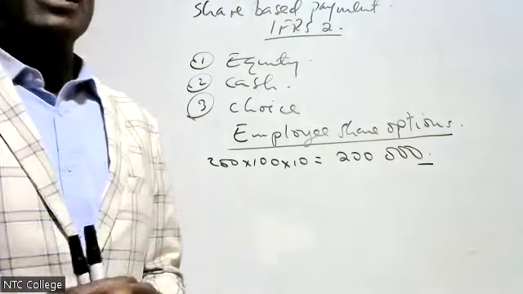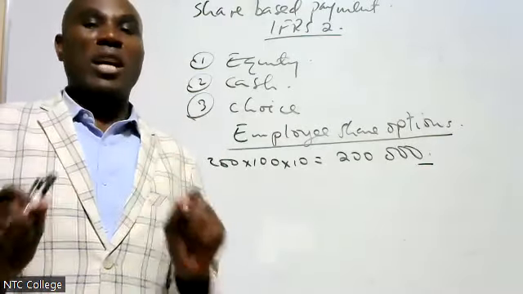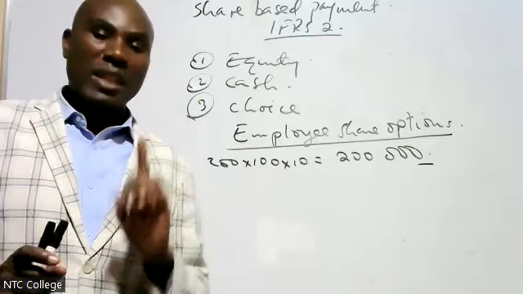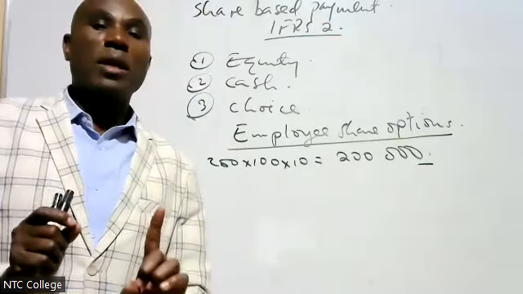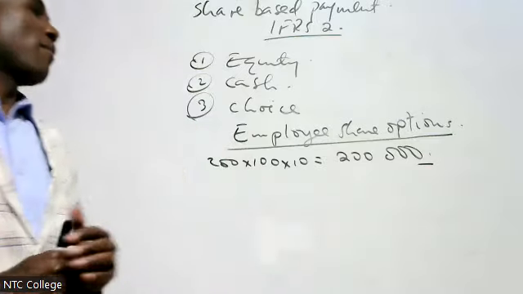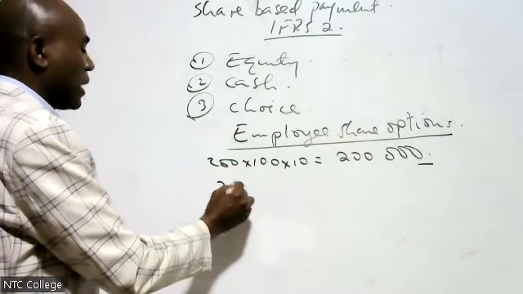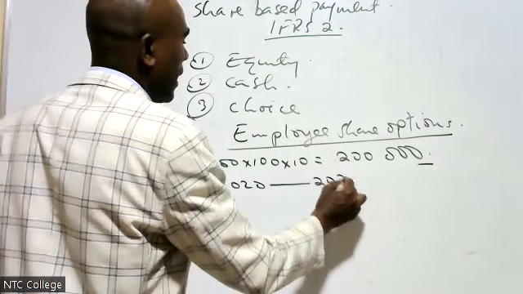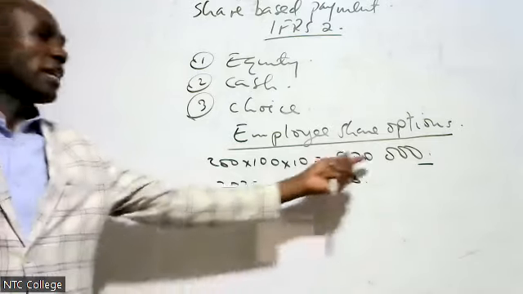But remember, a company will use these employee share options or privileges to motivate employees to stay in the company for a longer period of time. For example, we are in the year 2020, then you tell employees that if you will be in the company in the year 2023, you will get our shares for free.